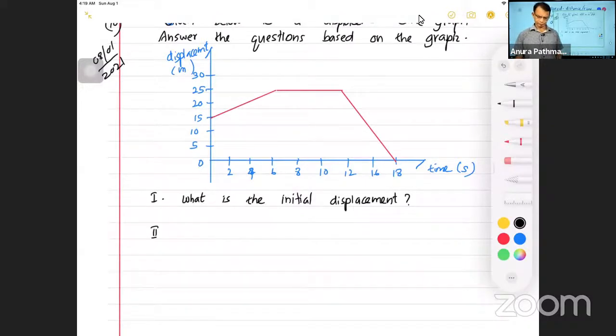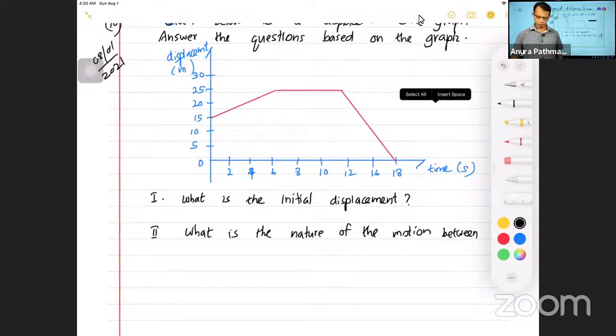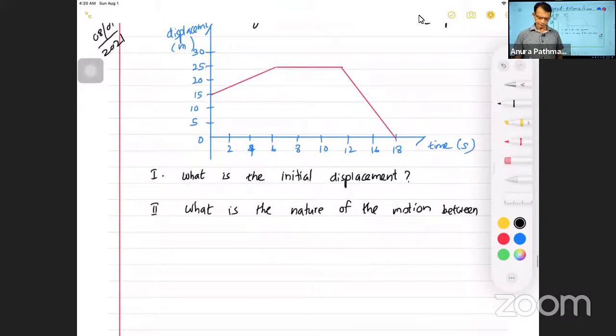Second, what is the nature of the motion between 0 second to 6 second?